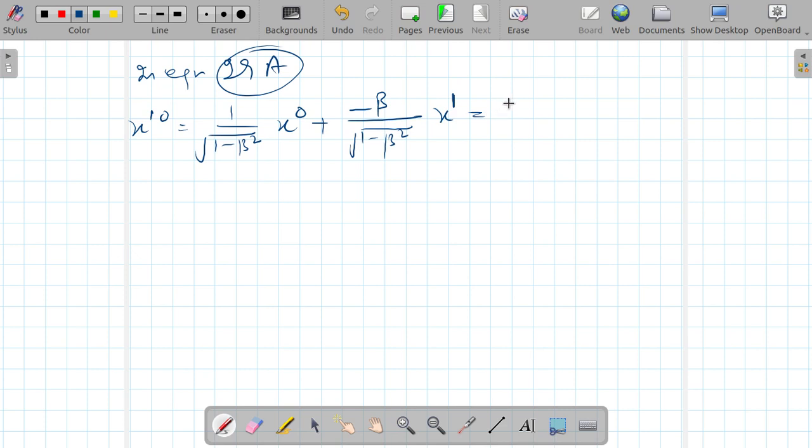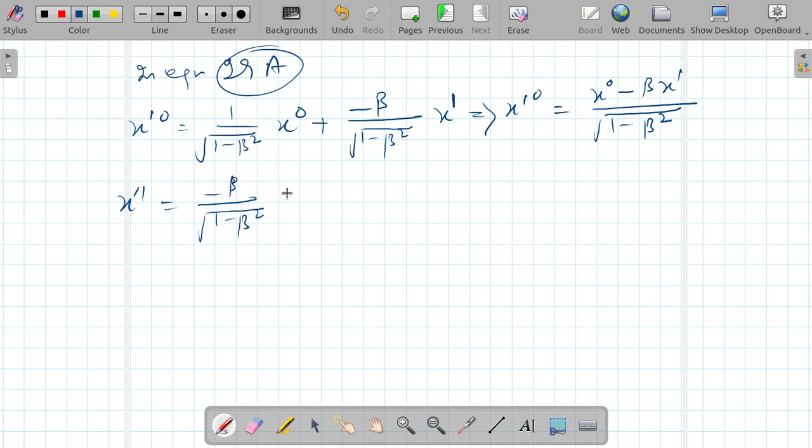This can be written as x prime naught is equal to x naught minus beta x1 over 1 minus beta square under the root, and x prime 1 is equal to minus beta over 1 minus beta square under the root x naught plus 1 over 1 minus beta square under the root x1.